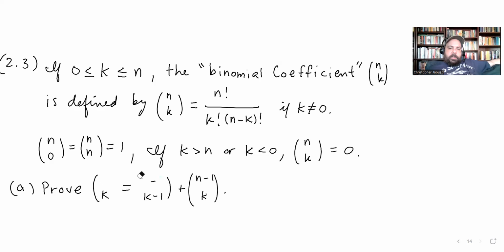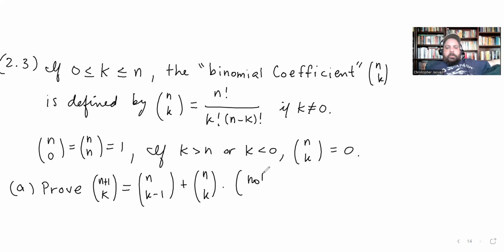I want to write it the way that he has it in the book. n plus 1, k choose k, is n choose k minus 1 plus n choose k. This identity yields Pascal's triangle, if you remember from high school algebra.